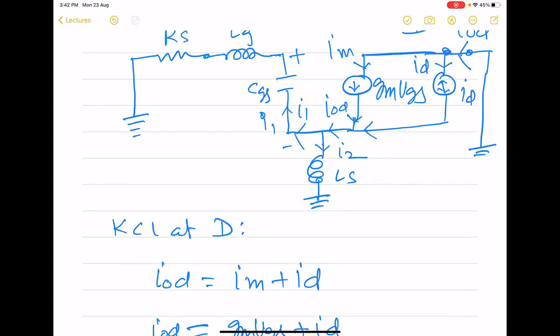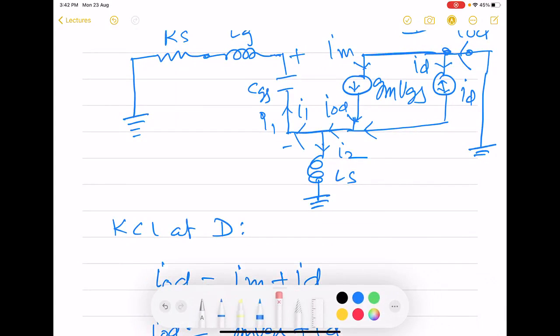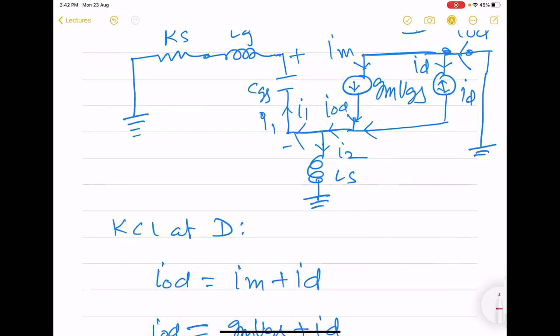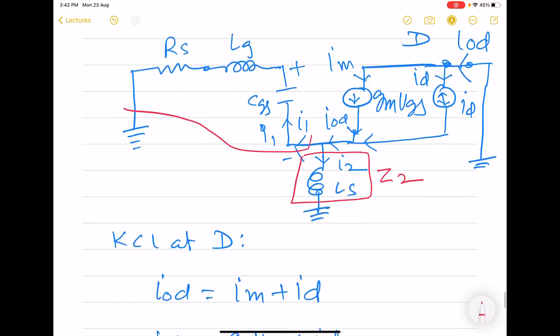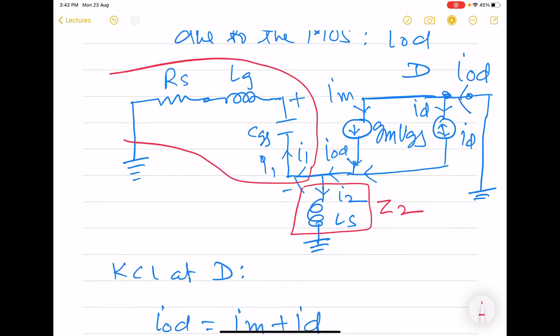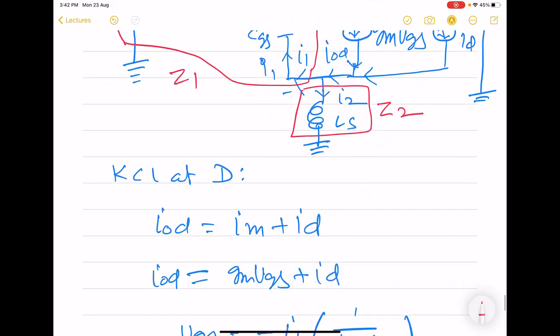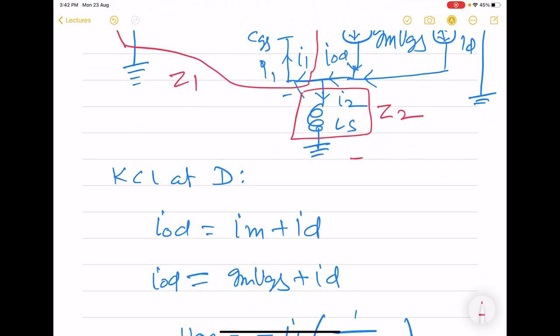So what we are going to do is treat this part as impedance Z2 and everything else from here and on the left side as impedance Z1. So we are drawing an equivalent of this part, IOD at the source.